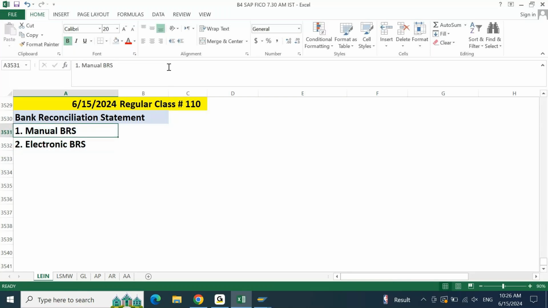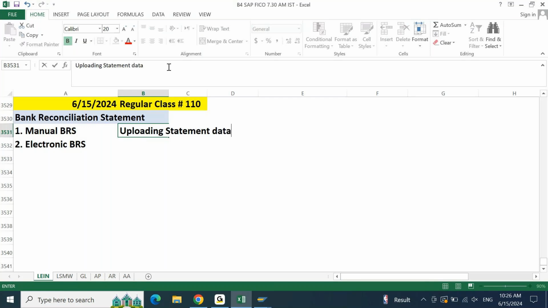When you're talking about manual BRS, here you're updating statement data manually, bank statement data manually, not uploading.